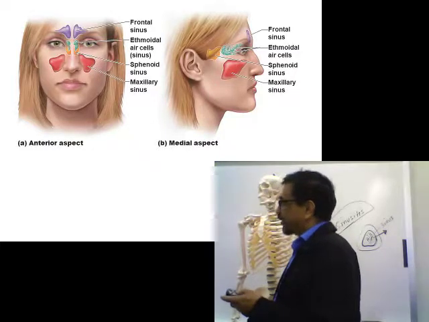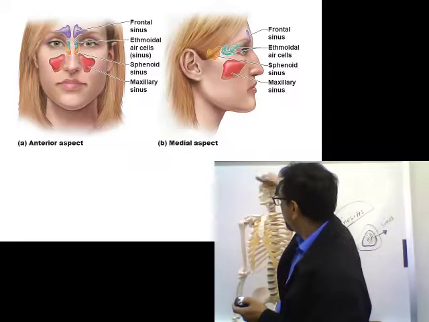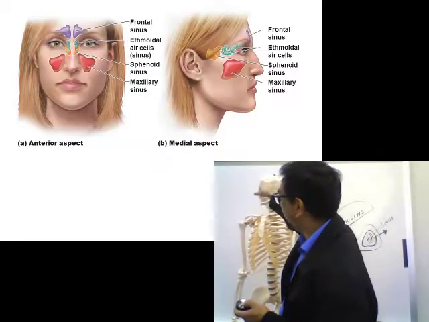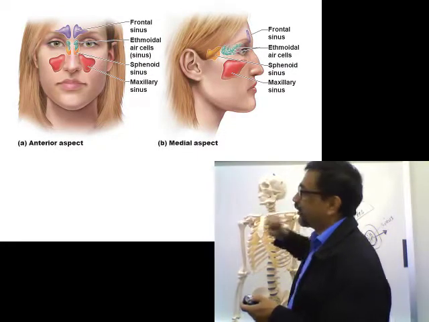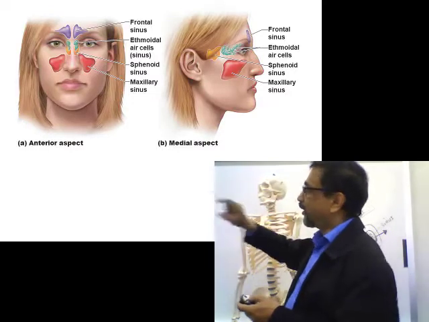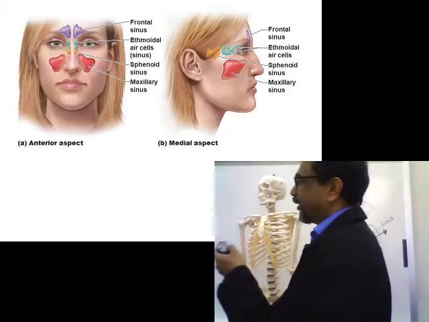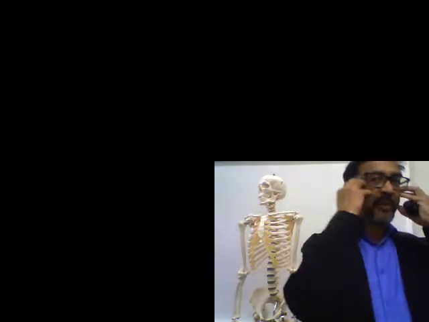Sinuses present inside the frontal bone are called frontal sinuses. This is the frontal bone, you know already. The frontal sinuses are here. Inside the sphenoid you have sinus. Those are called sphenoidal sinuses. Then ethmoid, I showed you in the lateral masses you have many air cells, right? So those are the ethmoidal air cells or sinuses. And the largest sinus is in the maxillary bone, maxillary sinuses.